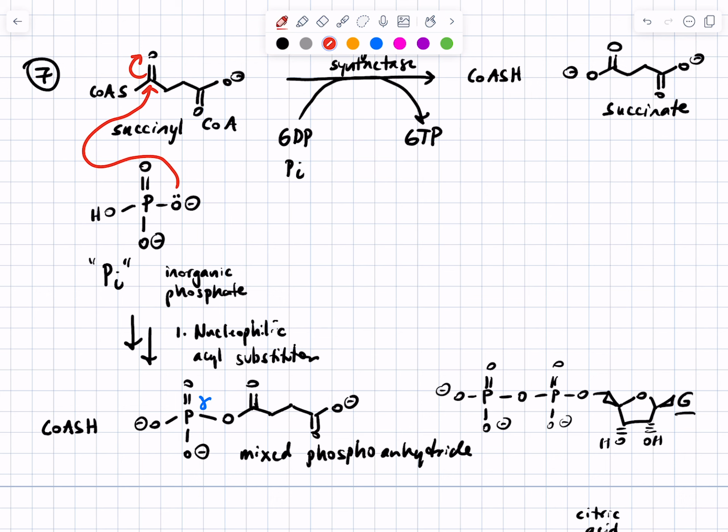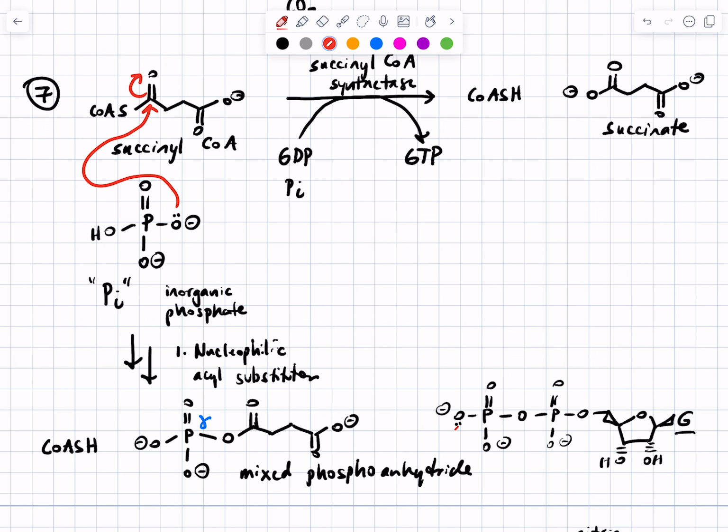Basically, what you're going to do here is the standard kinase type mechanism. Some of you would be more comfortable if this enzyme were named a kinase rather than a synthetase. I don't really care about the distinction, but that's what the enzyme's name is. We would draw a pentavalent intermediate where the phosphorus is bonded to 5 things, and then electrons would kick down, and everything here would be the leaving group.